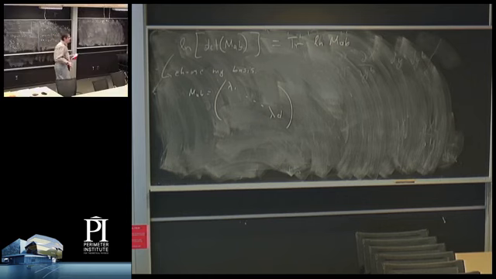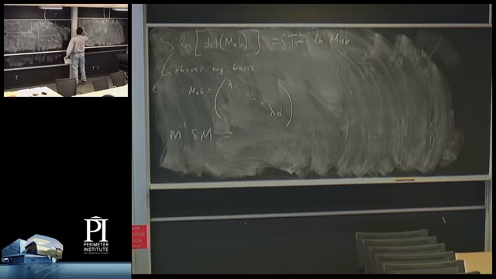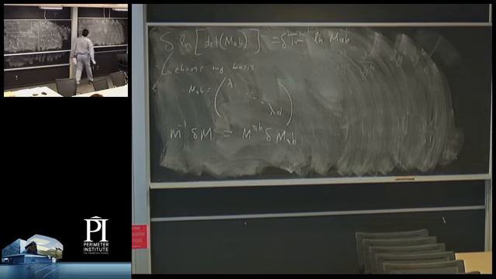If it is a symmetric matrix, I can always choose my basis so that M_AB, a non-degenerate matrix, is diagonal, and then the statement is obvious. The determinant is just a product, and a log of a product is the sum of the logs. So that's the simplest way to prove that identity if the matrix is symmetric.